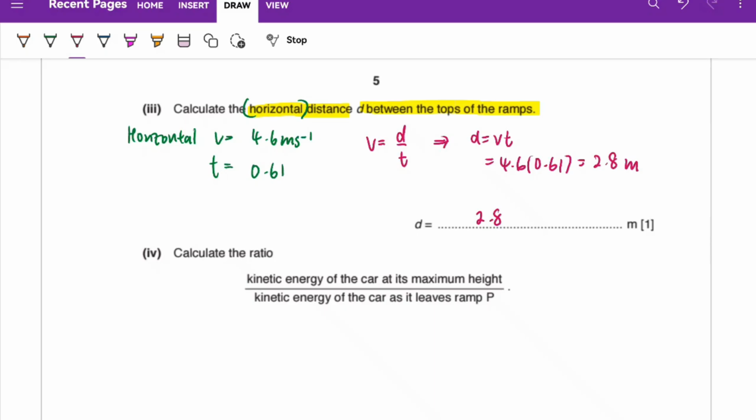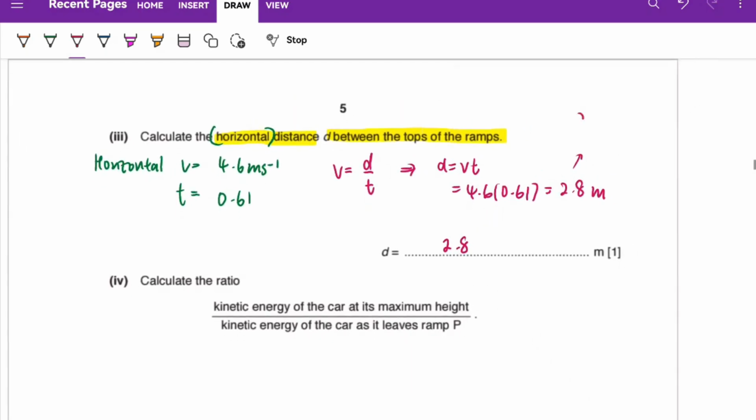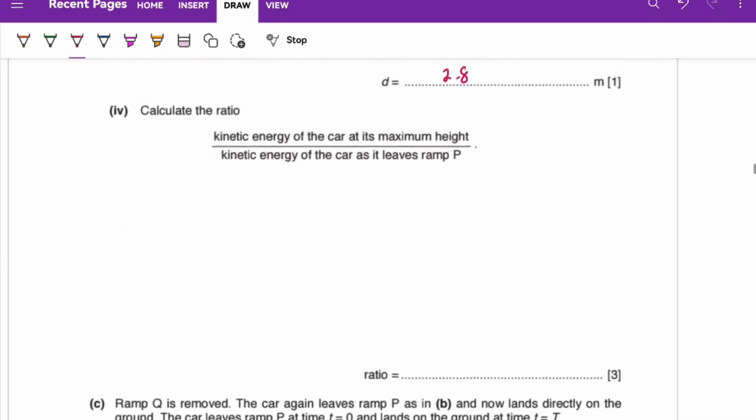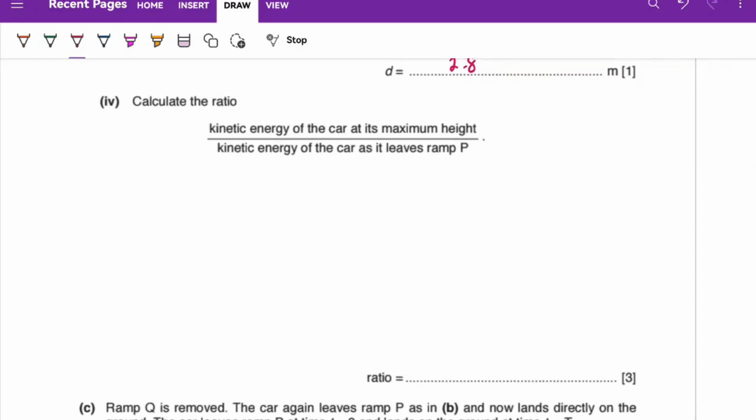You can put 3, no problem, but minimum must be 2. If your answer is, let's say it was 2 meter, this is wrong. You must write it as 2.0 meter because 2 SF. Remember, very important. Even though your answer is right, they'll mark it as wrong. Two significant figures.